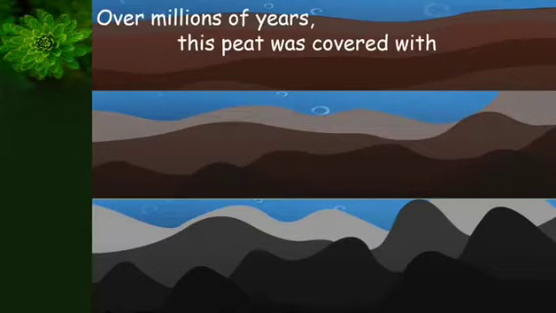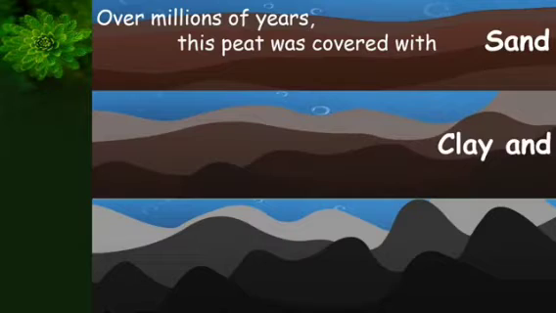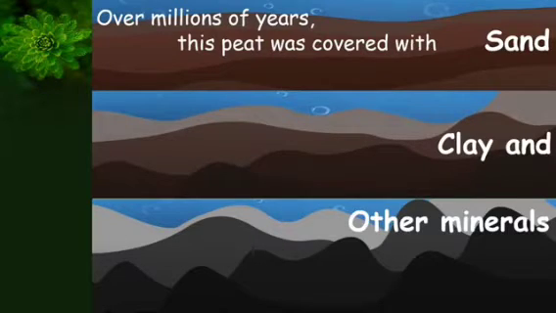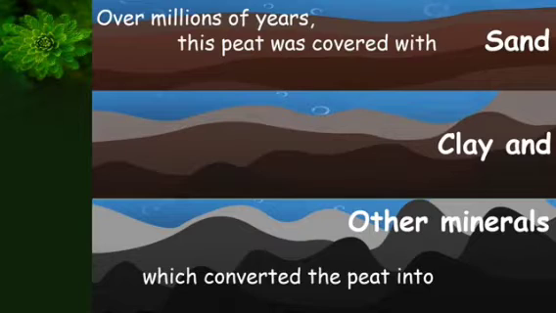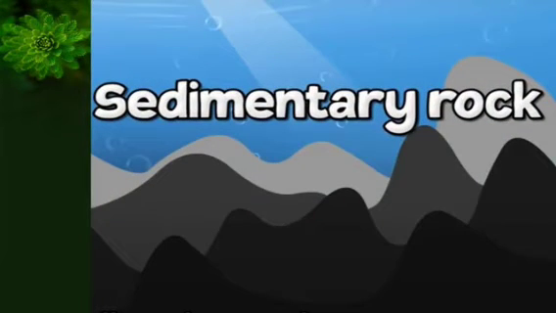Over millions of years, this peat was covered with sand, clay, and other minerals, which converted the peat into sedimentary rock.